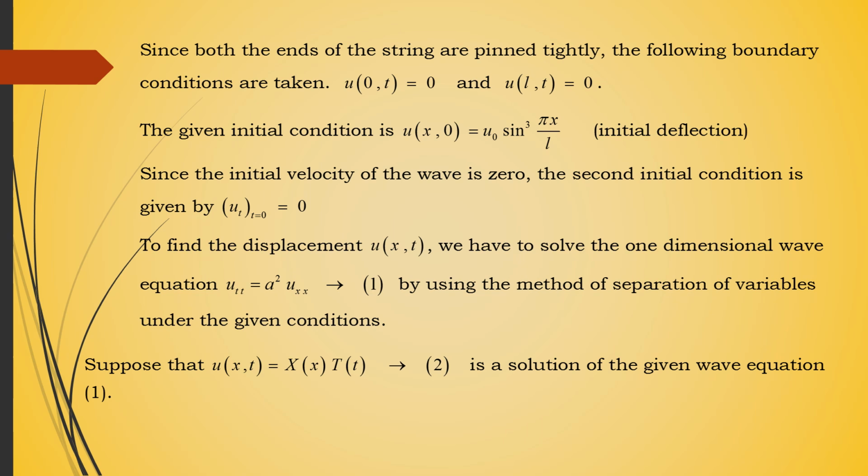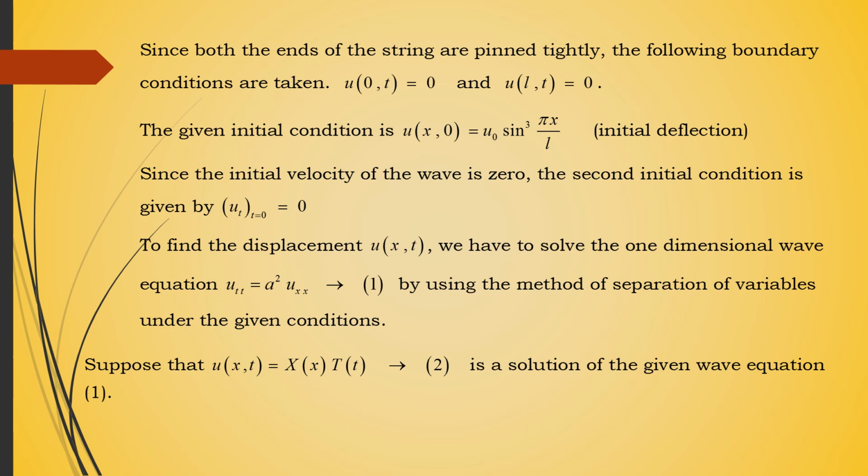Now we use these four conditions and we solve the one-dimensional wave equation which governs the wave propagation in the tightly stretched string tied at both ends. We have to study the vibration of the wave in this stretched string.